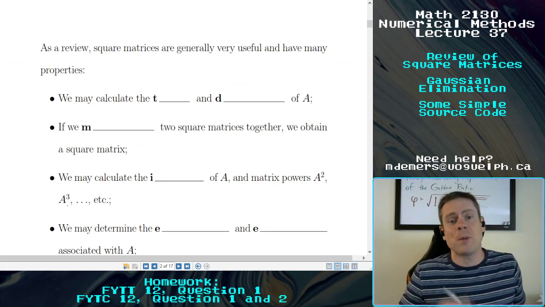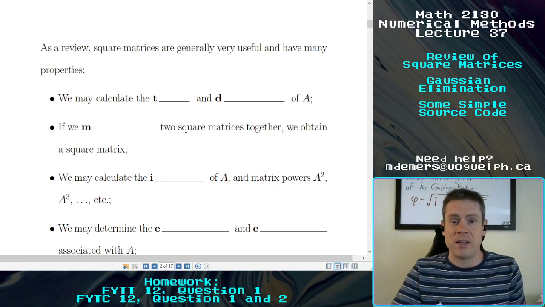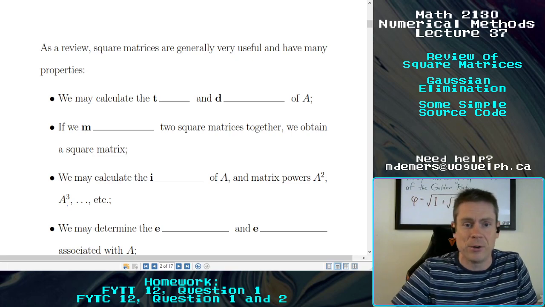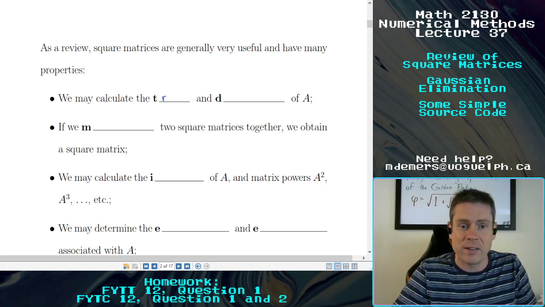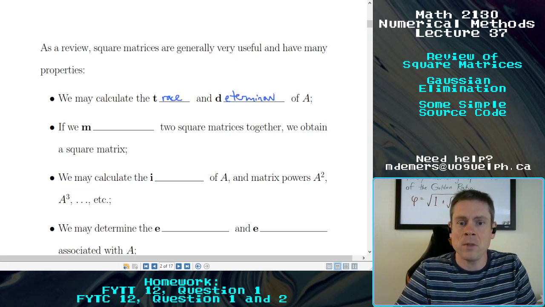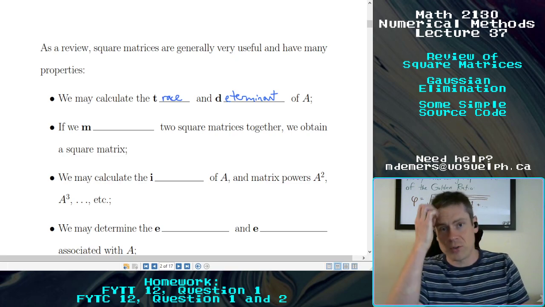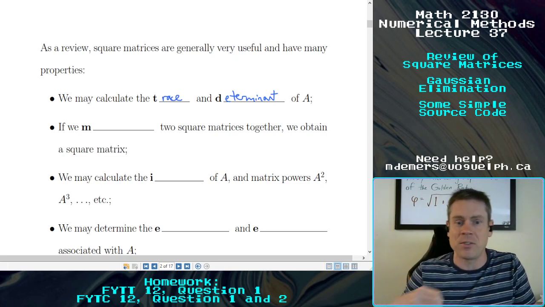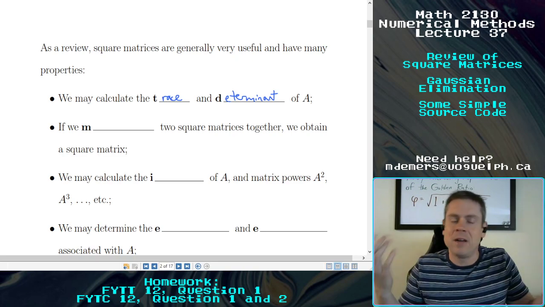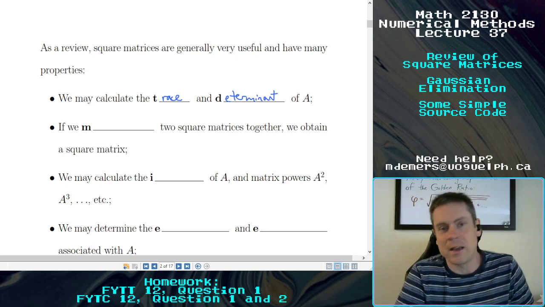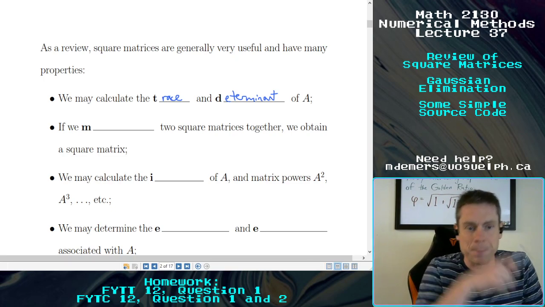But as a review, square matrices are generally really useful and have many properties that we should know. We can calculate the trace and determinant of A. Of course, the trace is when you add up the elements of the diagonal. The determinant is given by a series of operations that can be calculated for any square matrix.